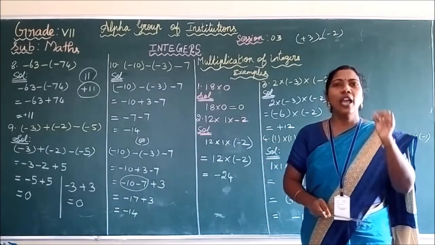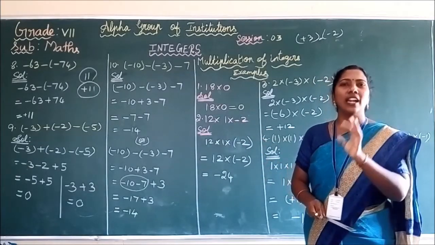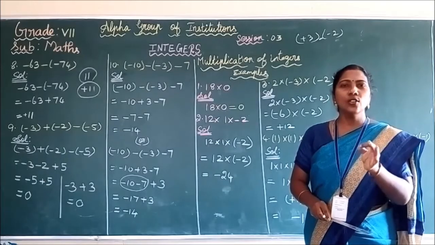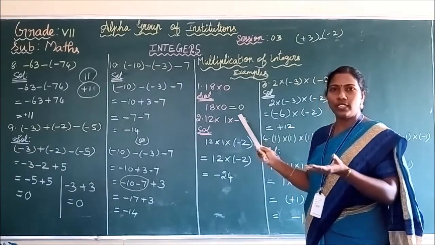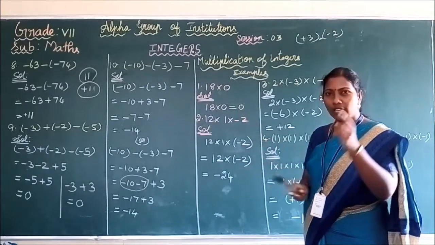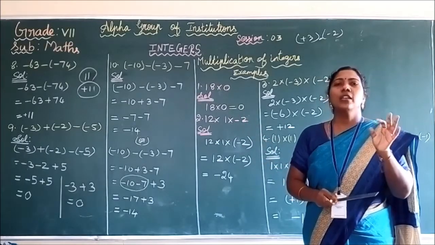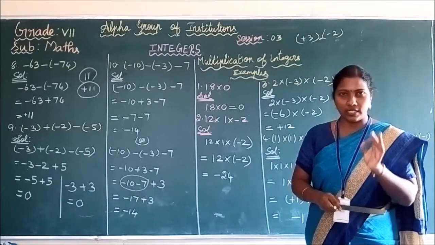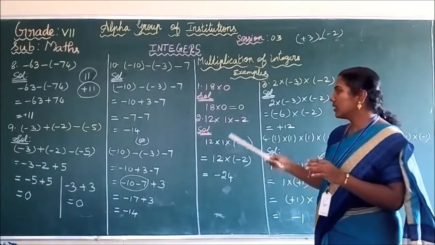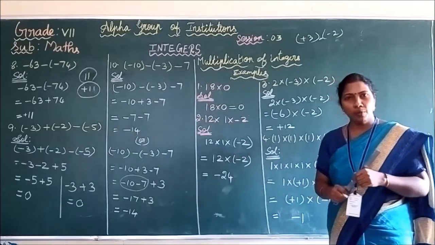But many of you add the 18 with 0 and write the answer as 18. So it is not the right answer. You have to write the answer as 0. It's clear, children. So you have to keep this right. Any number multiplied with 0, what is the answer? 0. Let us see some more examples for multiplication also.